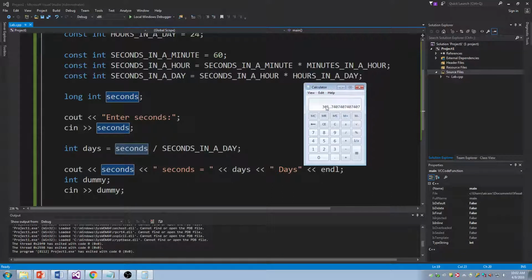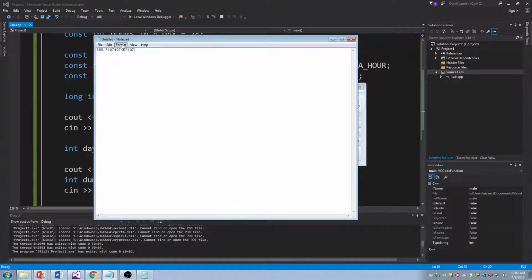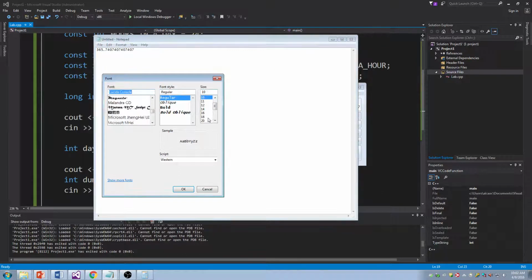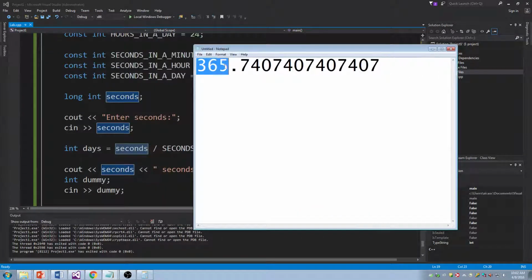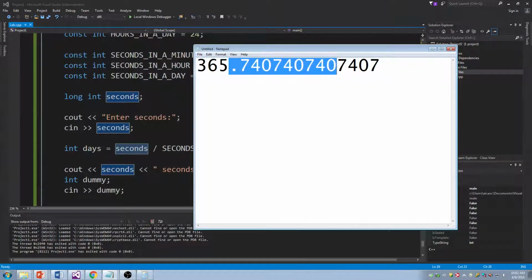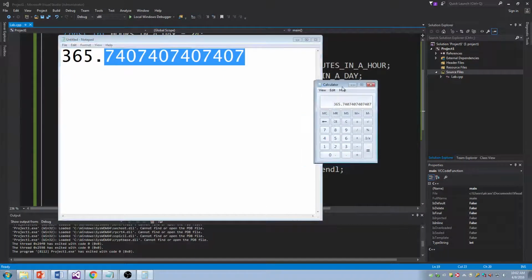It's kind of small. 365, this is what is typed in. This is how many days are in that number that I typed in, and here's the remainder of that. How much is this in seconds? What is 0.7040404 in seconds? How do I figure that out? Math.